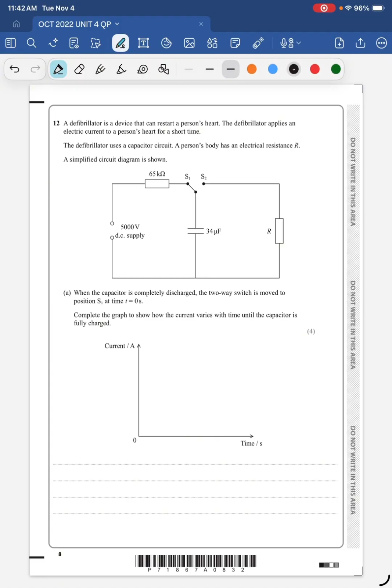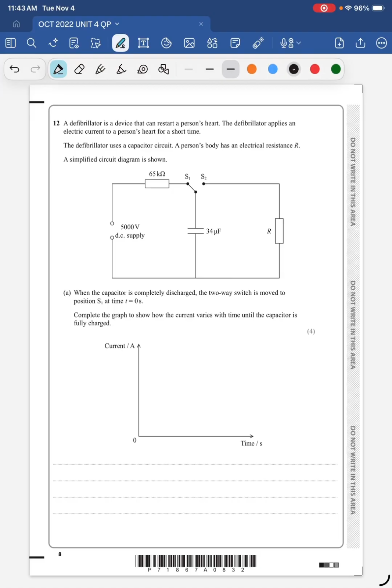Question 12. A defibrillator is a device that can restart a person's heart. Okay, that's scary. The defibrillator applies an electric current to a person's heart for a short time. The defibrillator uses a capacitor circuit. A person's body has an electrical resistance of R. A simplified circuit diagram is shown.